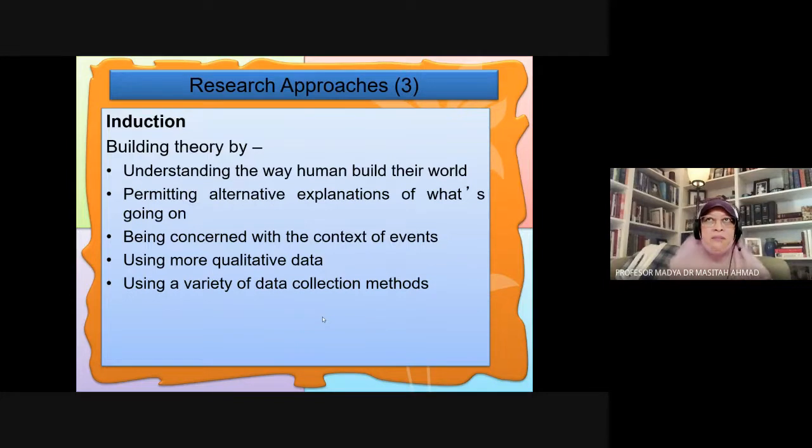Because sometimes, like now, we have this COVID-19 all over the world. The way we are handling it, each of the governments in different countries will handle the issue in a different way.